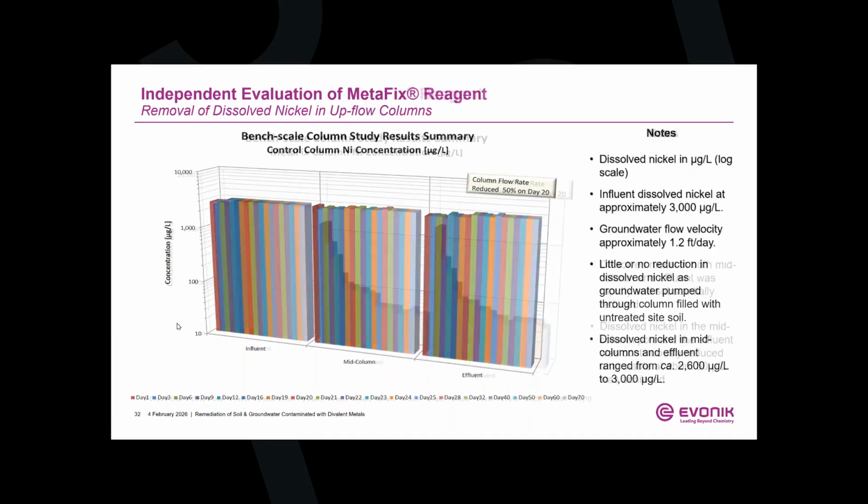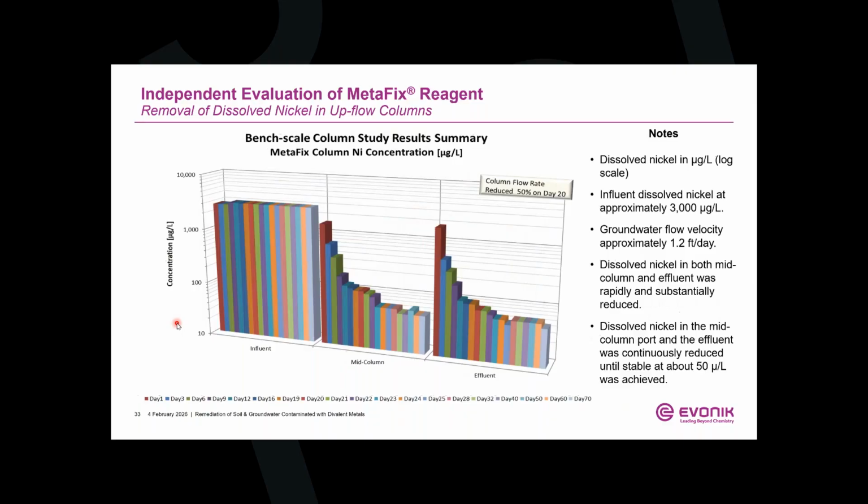In contrast, let's look at the column that received our Metafix reagent at a dosage of 2% by weight. Same soil, same groundwater, approximately 3,000 ppb of dissolved nickel coming in. But by the time that water got to the mid-column sampling port, much of it had been removed until we got somewhere after about day 40.